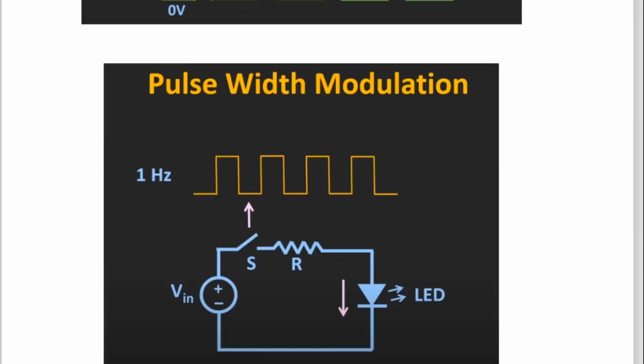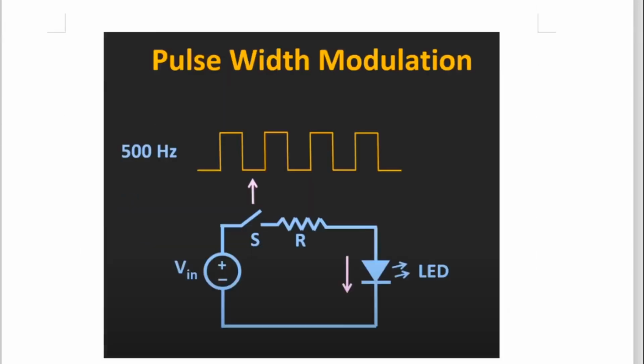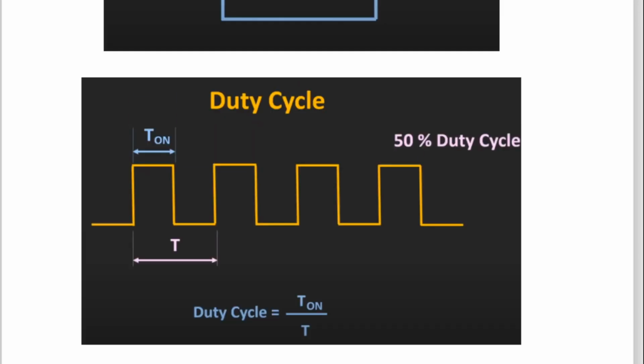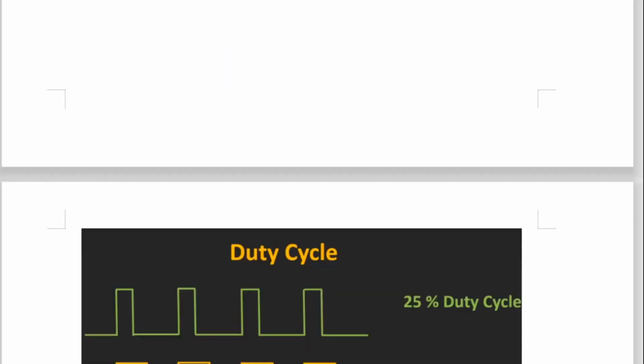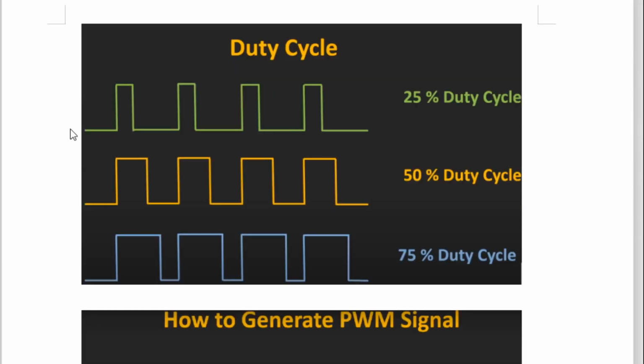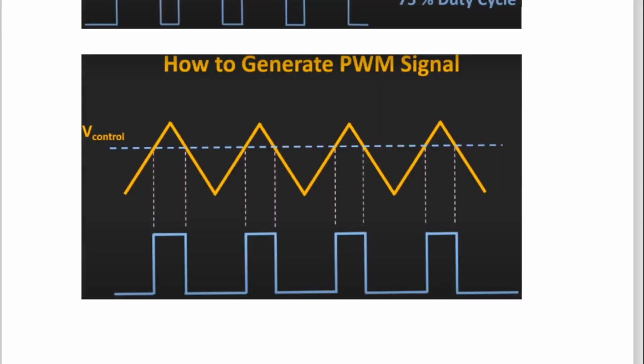More than 50 times. That is why pulse width modulation is very important, and the duty cycle of the pulse width modulator decides what power is dissipated. So again the same examples: 50% duty cycle, 25% duty cycle, 75% duty cycle.